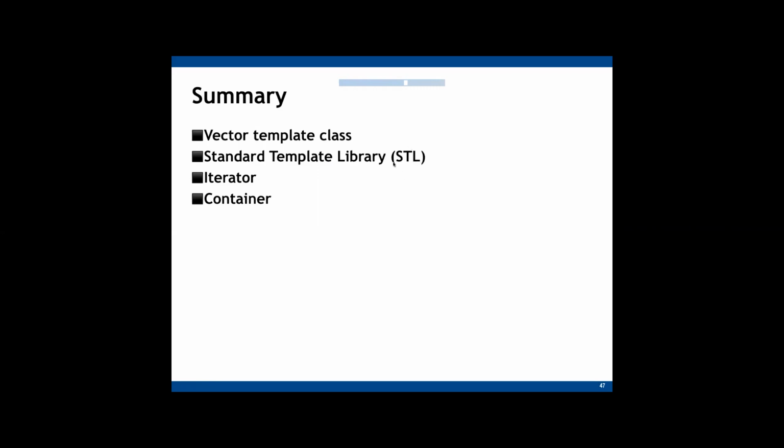We learned that STL is a set of C++ template classes. Using STL, we can write code quickly, we can write efficient code, and we can do generic programming. And there are 4 key components in the STL: container, iterator, adapters, and algorithms. We talked more about the iterator and container components in this week's lectures.